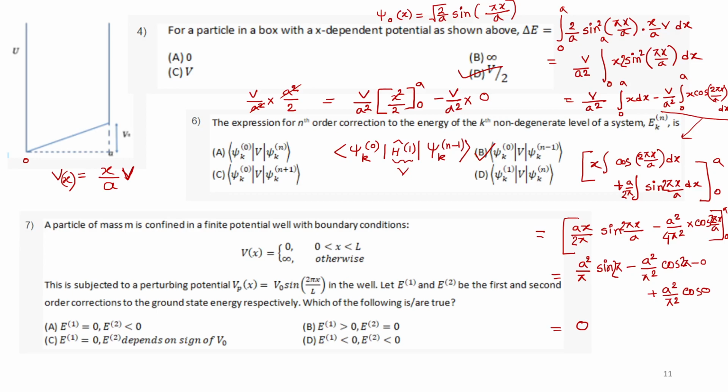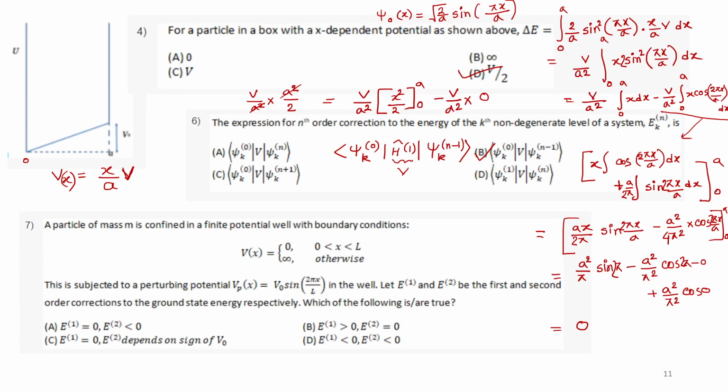It is subject to a perturbing potential V(x) equal to V naught sin 2 pi x by L in the well. Let E1 and E2 be the first and second order perturbation to the ground state energy respectively. Which of the following is or are true?